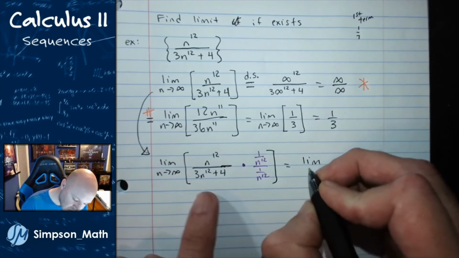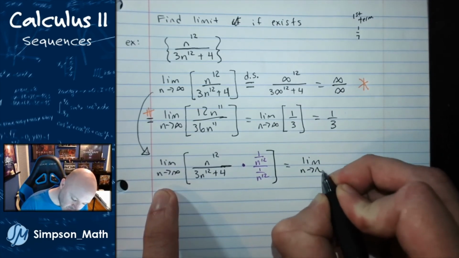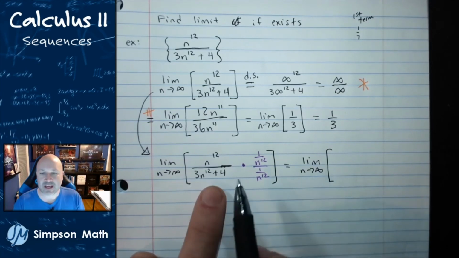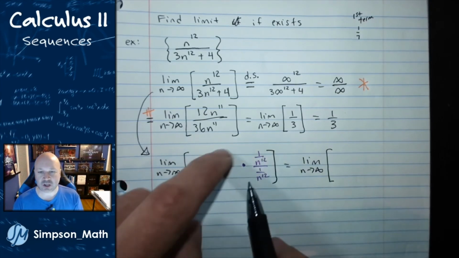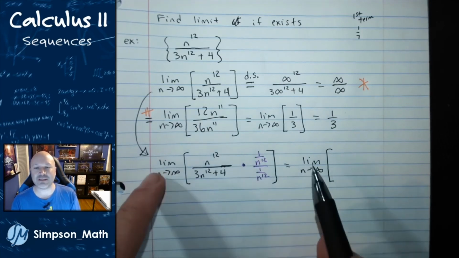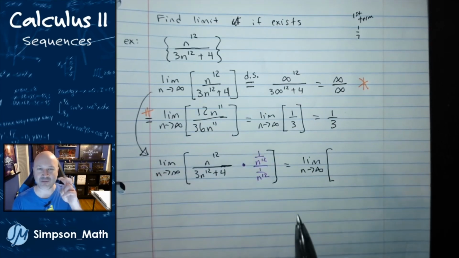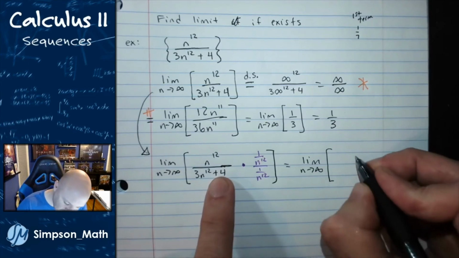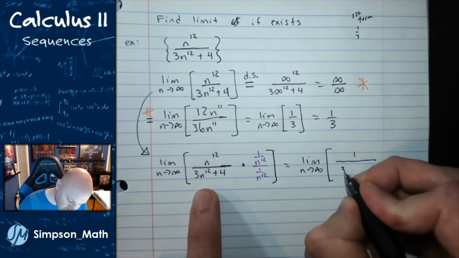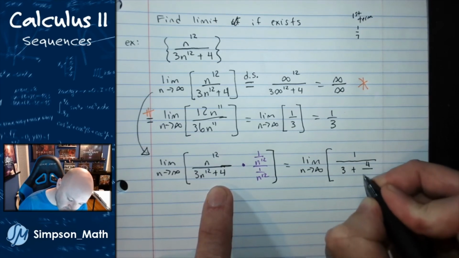This is equal to a different limit. This is the very first property of limits we learned in Cal 1, that you can change that function with legal math, and those limits will be equal. It's like our favorite property. Okay, up top we get a 1. Down below we can distribute, 3 plus 4 over n to the 12th.